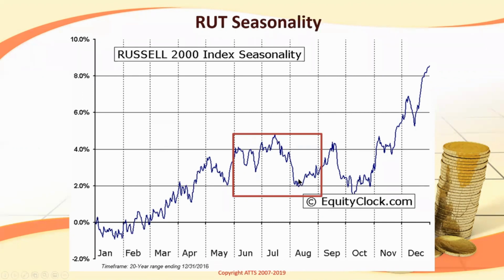One thing that's been very interesting about the seasonality on all the indexes is that it has not worked real well. The seasonality has not mimicked what the market has been doing for the last couple of years, and you can speculate on why that's the case, but it just hasn't.